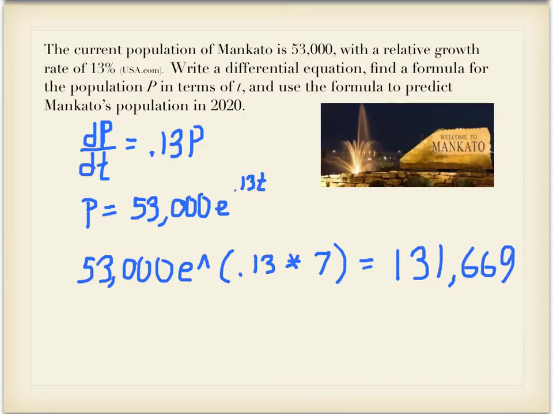Now that seems rather large for Mankato, more than doubling in 7 years. Not impossible, but highly unlikely. And therein lies the trouble with exponential growth, is that it does keep growing, even though various economic or environmental issues would prevent that from happening in all likelihood.